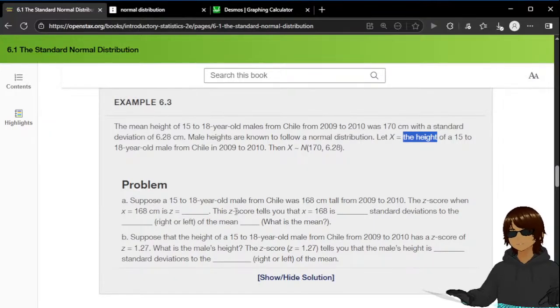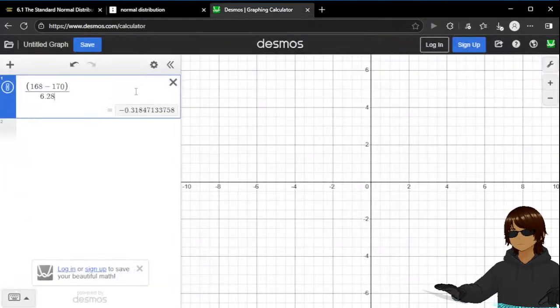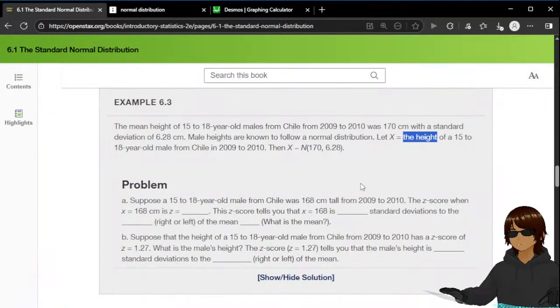So this z-score tells you that x equals 168 is 0.318 standard deviations to the left of the mean, which is 170.